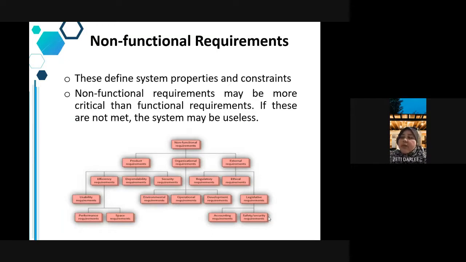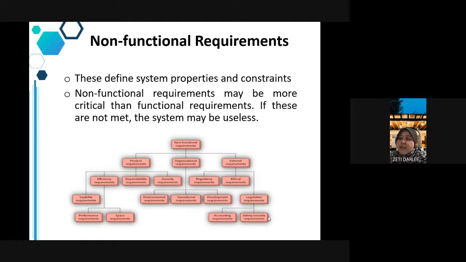So on the product requirements tu, kita banyak refer on the functional requirement as well. Yeah, the product requirements related to usability requirements, efficiency requirements. So efficiency tu ada pula breakdown dia based on performance and space requirement, dependability requirements, and security requirements.